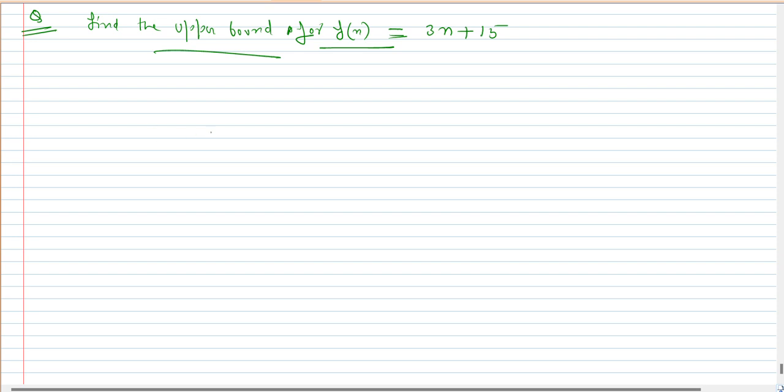So in this case, our fn is 3n plus 15. So our first step is to find the dominant term from this expression, which is equal to 3n.